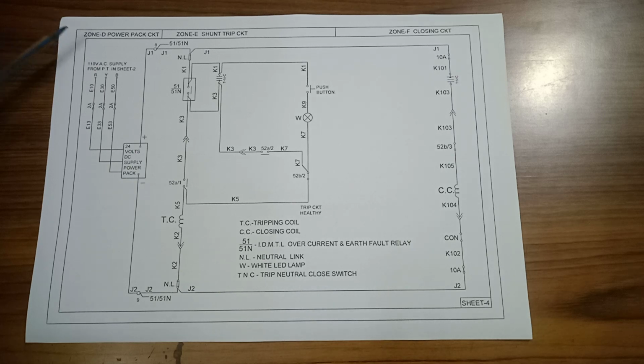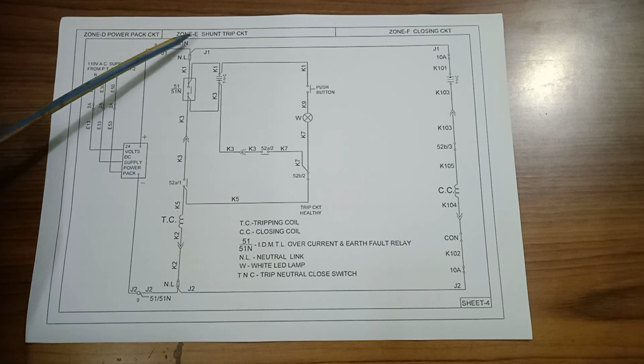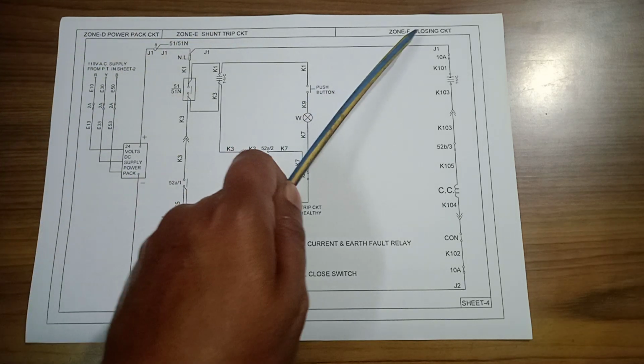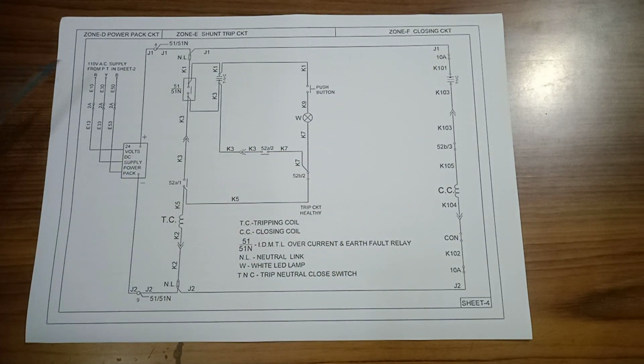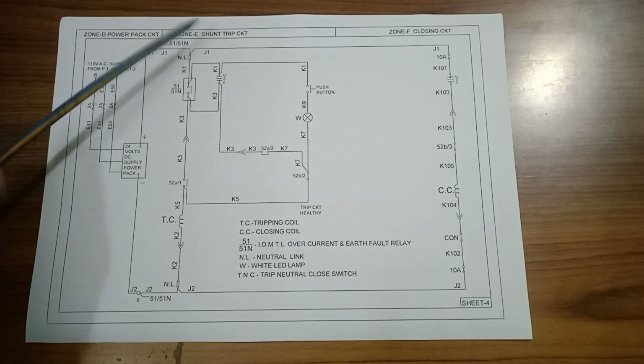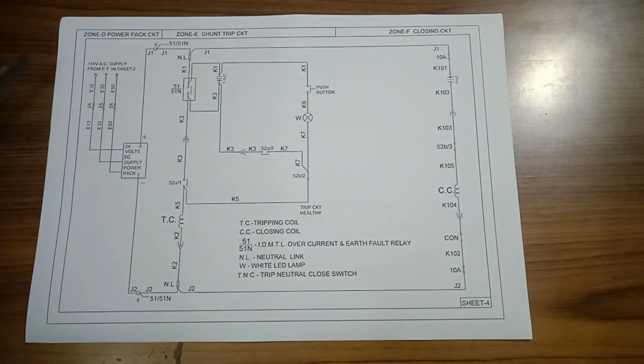Here is zone D and zone E. Zone D is the power pack circuit, zone E is the shunt trip circuit, and zone F is the closing circuit. 110 volt AC from PT in sheet 2, E10, E30, E50, RYB.